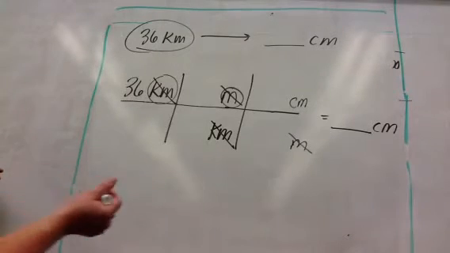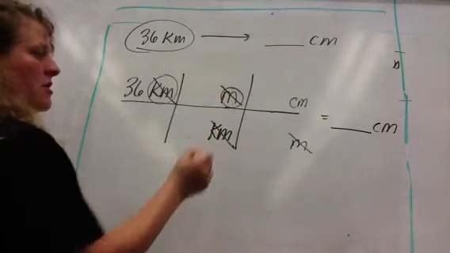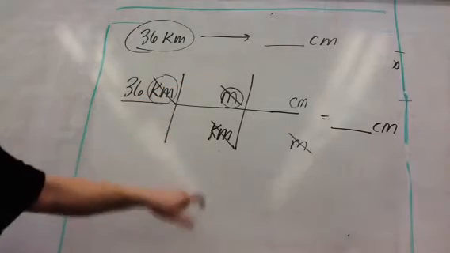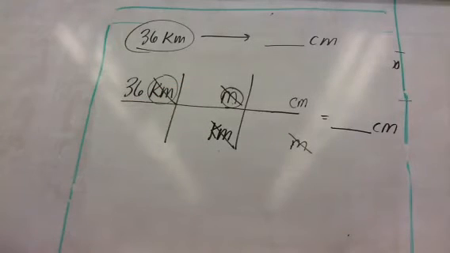All right. So what's the relationship between meters and kilometers? There's 1,000 meters in a kilometer. So don't write anything yet. Because in physical science and in math and in middle school, you write 1,000 meters equals 1 kilometer. Well, that's fine.